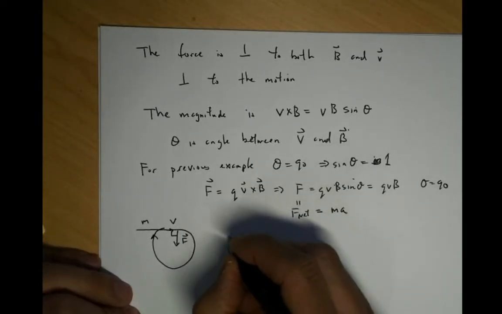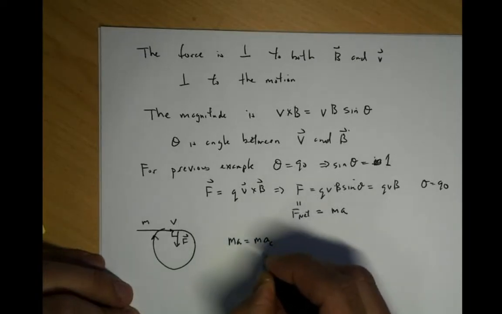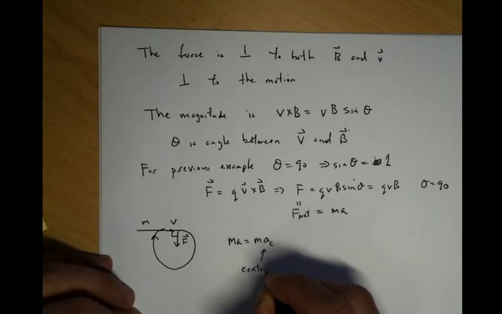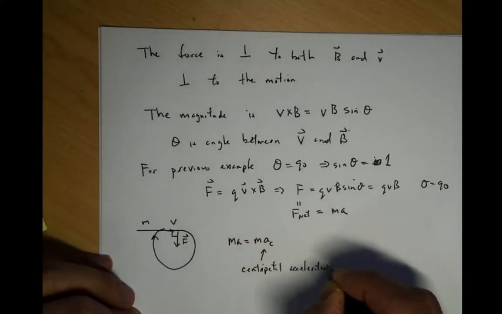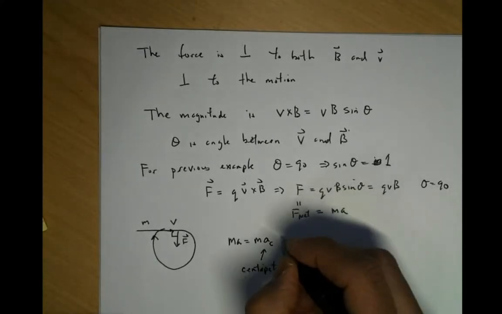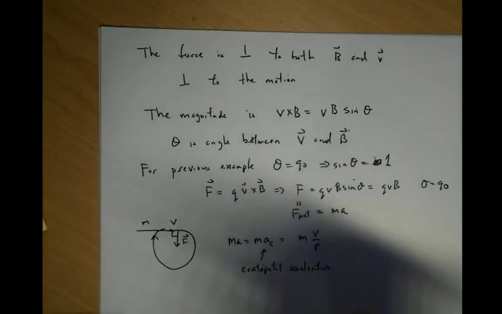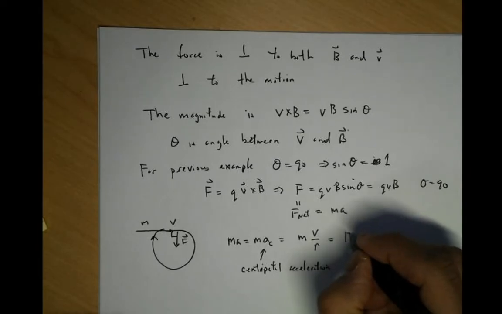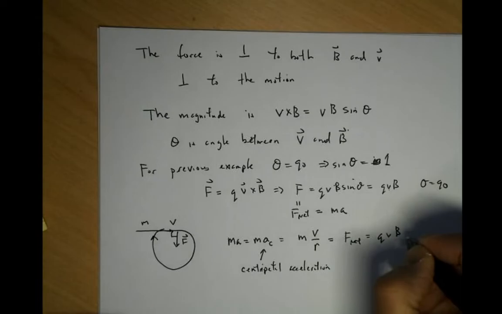So, this means that ma is equal to m times a_c, the centripetal acceleration, which is mv squared over r, where r is the radius of the circle it's flying in. And so it's equal to, because it's equal to F net, QVB, right?